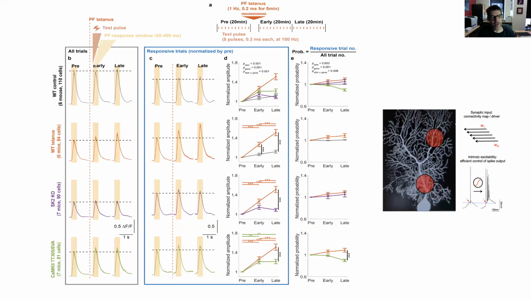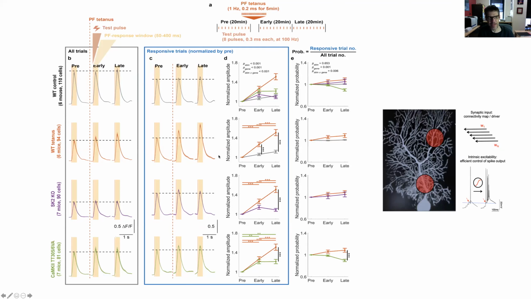So now, this is the plasticity. In the wild type control, nothing is happening. It's all stable. If we apply tetanus, that is a 1 Hertz 5 minutes protocol, so Masao Ito style pretty much, we focus on Purkinje cells that are responding. That's a little confusing here, but that had a different purpose.